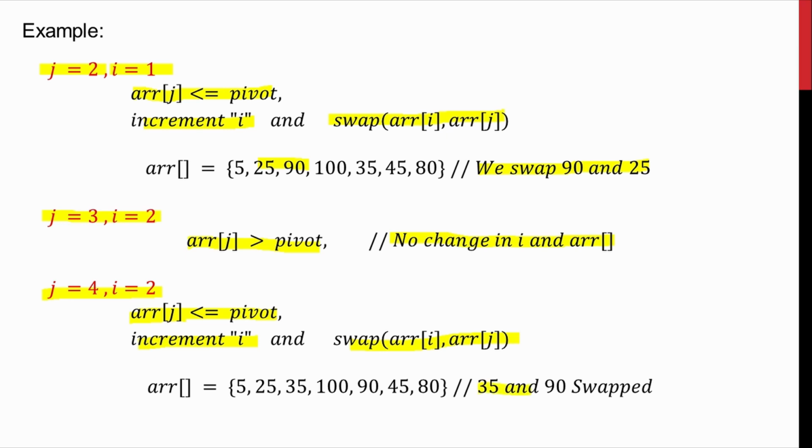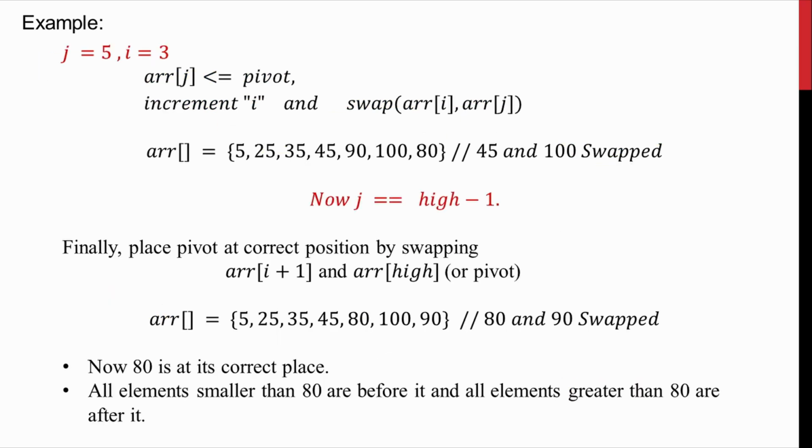So 35 is swapped with the 100. Now j is equal to 5, i is equal to 3. The jth element is less than or equal to the pivot, so again increment i and swap the ith element with the jth element. 45 is swapped with 100.